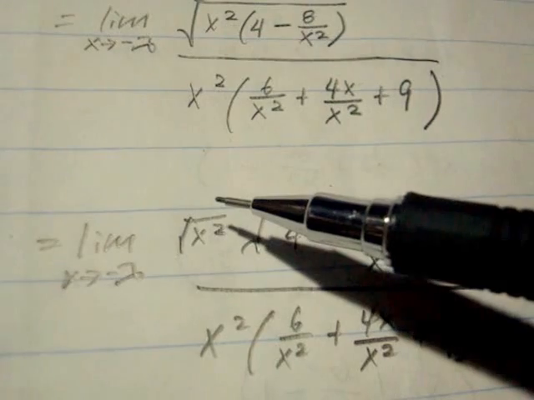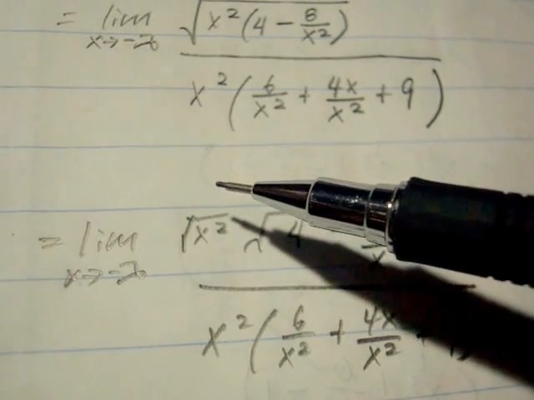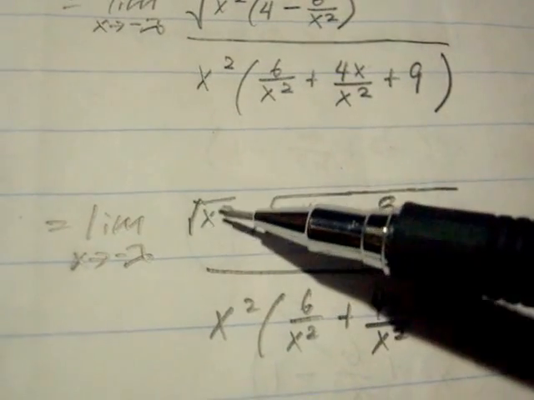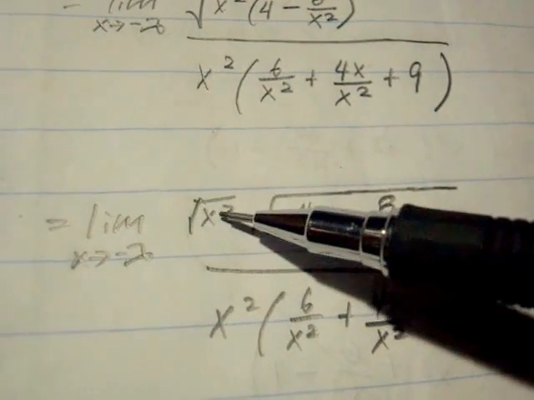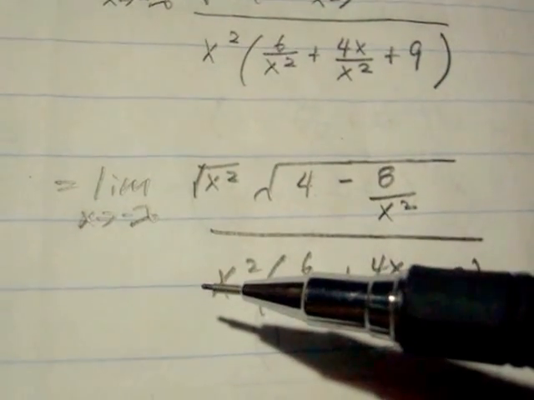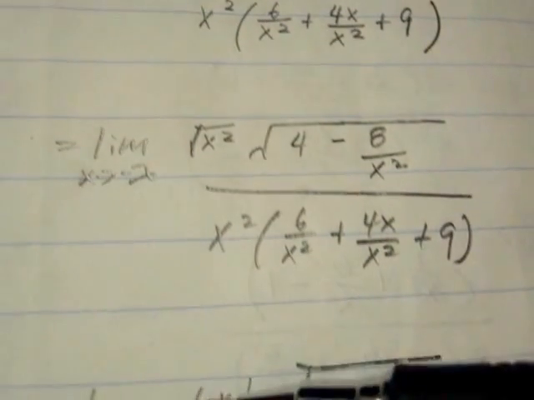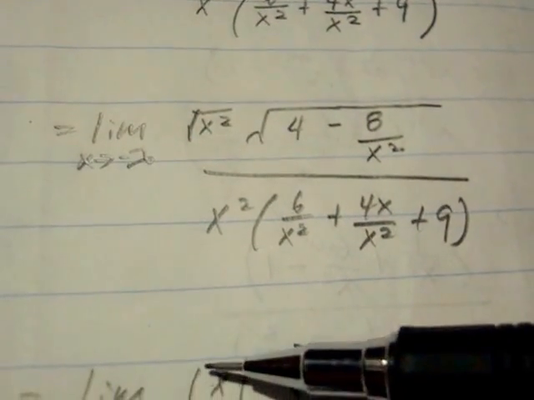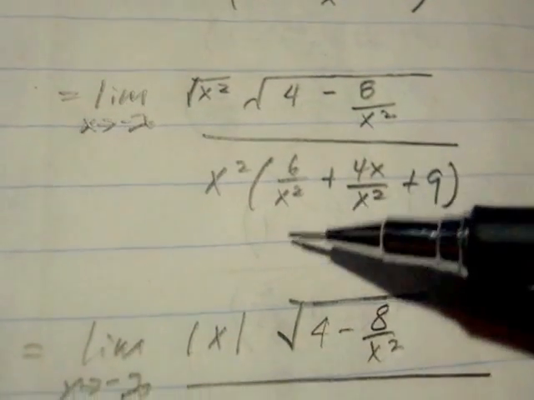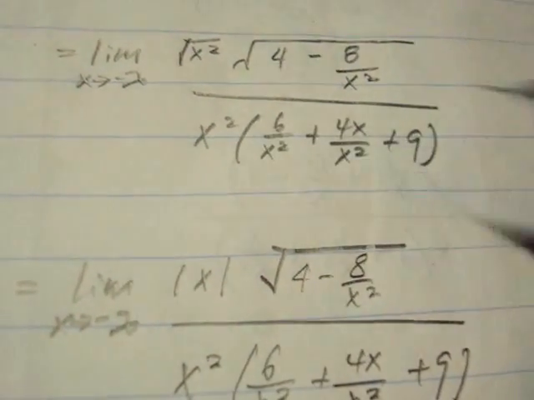So you need to put absolute value bars on the x to make sure that it is positive. So radical x squared becomes x, but you need to put an absolute value bar next to it to make sure that it's positive. So it would be like this times this expression divided by the expression of the denominator.